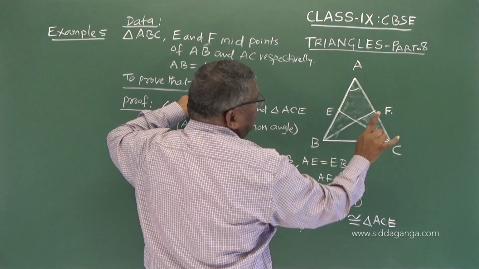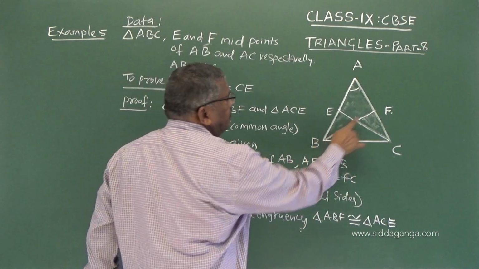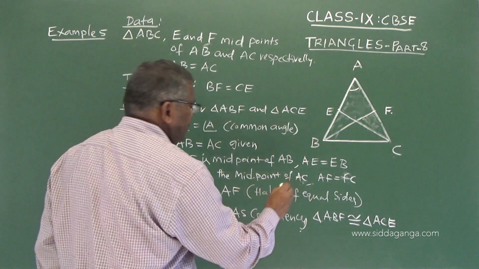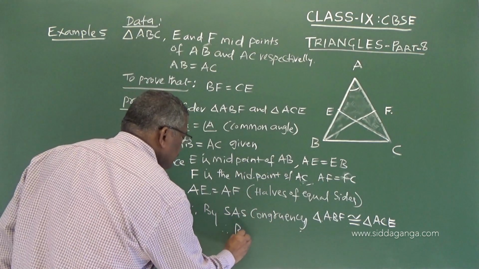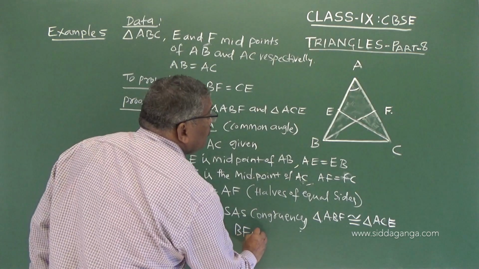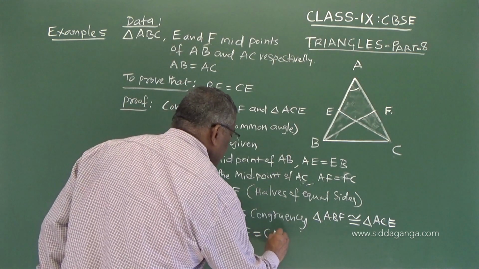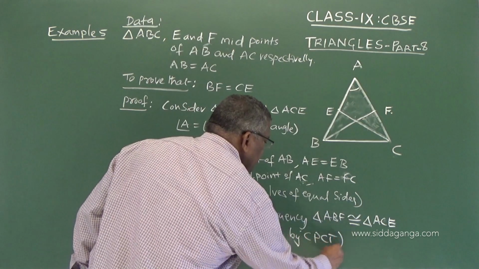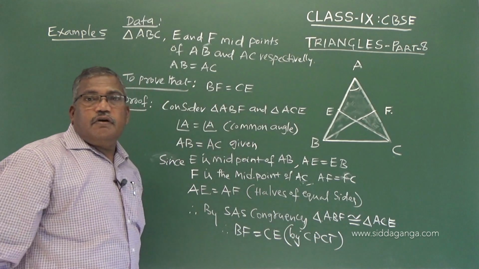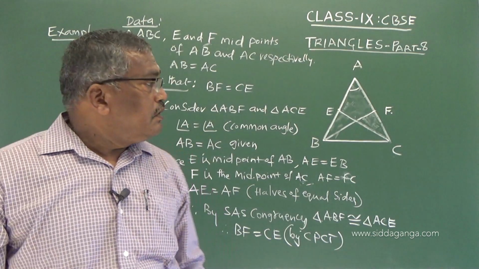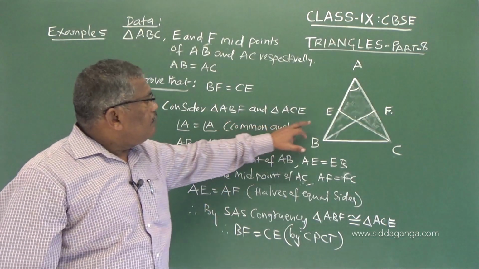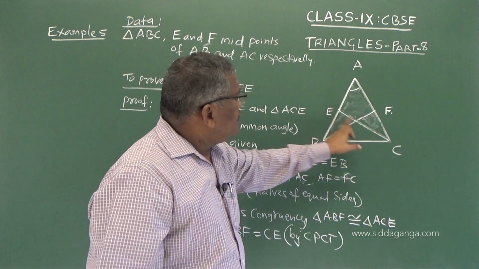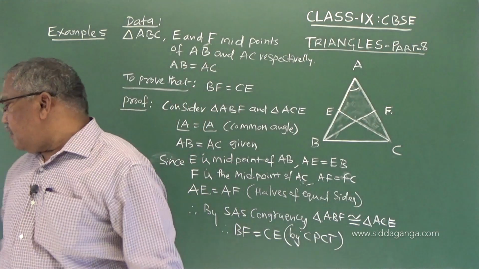The remaining sides are BF and CE. So, therefore, we write BF is equal to CE by CPCT, corresponding parts of congruent triangles. So, this is how we can prove that BF and CE are equal in this problem.